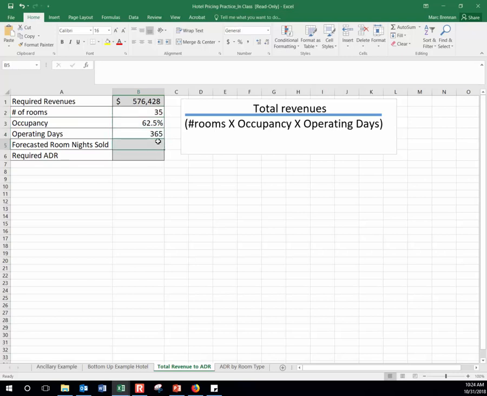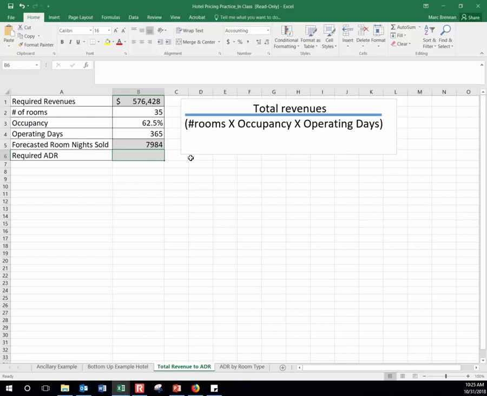I should be able to find this out just by going how many rooms I have available in one day times how many days I'm open in the year, which is 365, times my occupancy percentage, which is 0.625, 62.5%. That'll give me my room nights sold that I believe I'm going to have this year. So in this case, 7,984 rooms is what I believe I'm going to be selling.